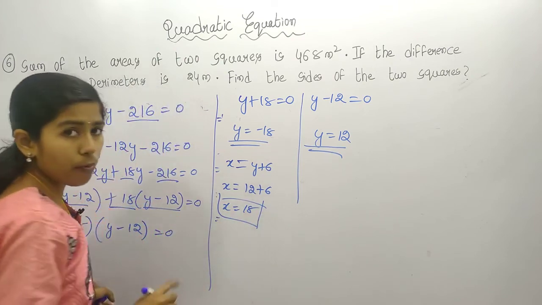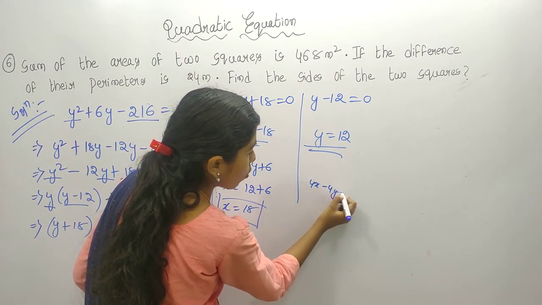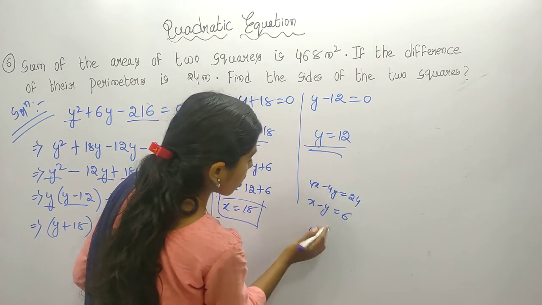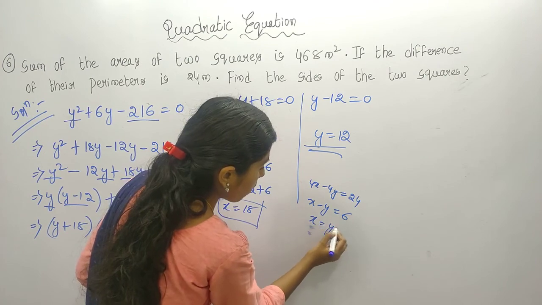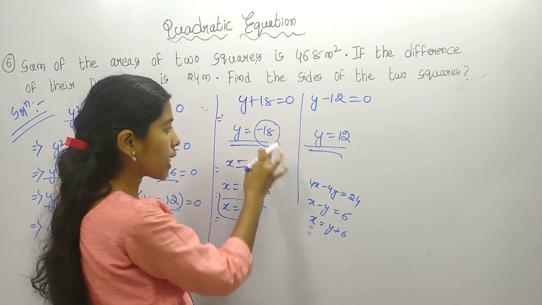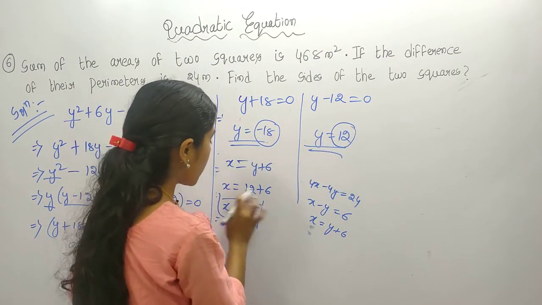Yes. From perimeter, what we got? 4x minus 4y equals 24. x minus y equals 6. So x equals y plus 6 we got. So here y is minus 18, we can't take it, it is a negative sign. So we have to take plus 12. So y is 12.